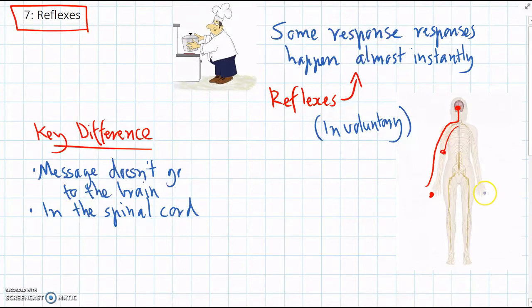So if we look at a reflex on our diagram, if something hot touches our finger, that message will be passed up through the nerves into the spinal cord, where there's a quick decision made without us even realizing, and then the message comes straight back down again, and we move our arm really quickly.